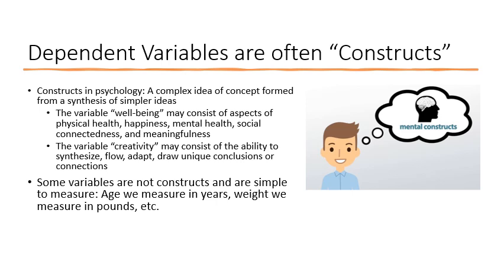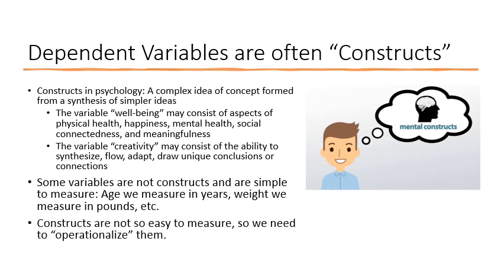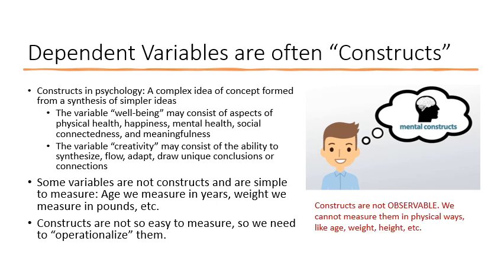Age we measure in years, weight we measure in pounds, but how do we measure these constructs? It can be harder, so we need to operationalize them, and all that means is find a way to measure them. We can't directly observe them, we can't put a thermometer in, we can't physically count them or hold up a ruler. And so that's why we have to go through this extra effort to find a way to measure them.